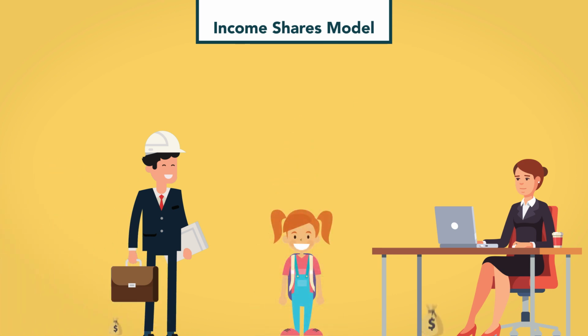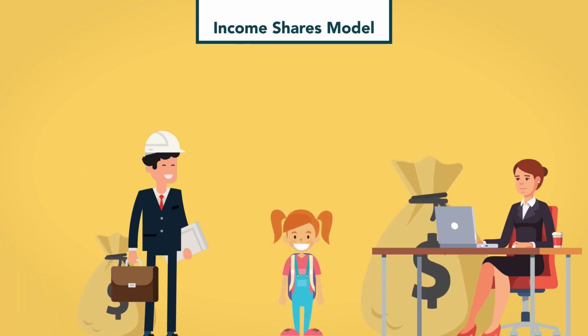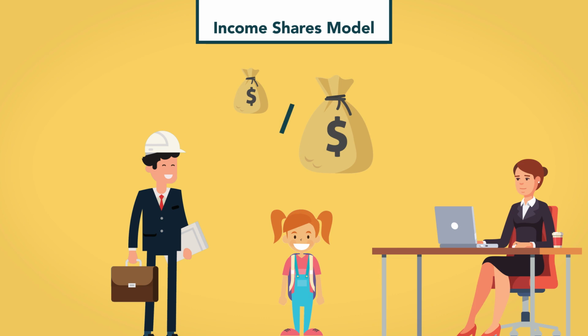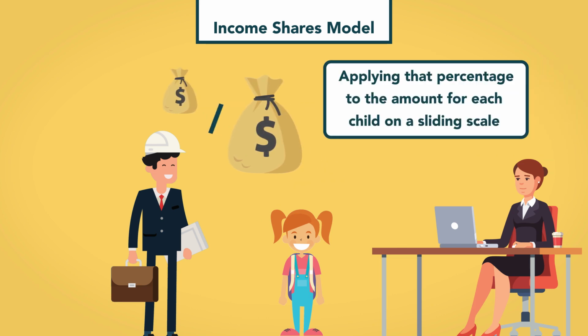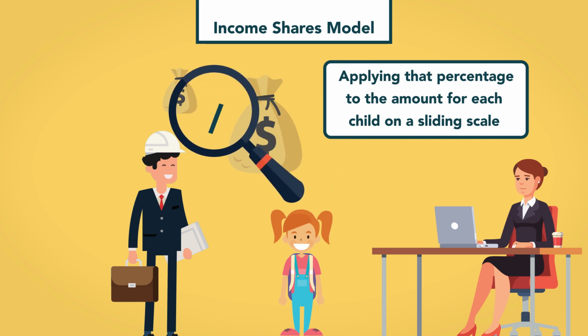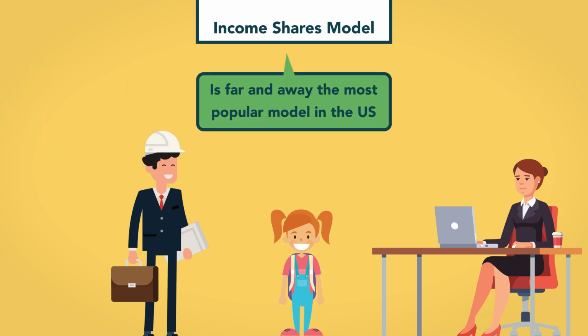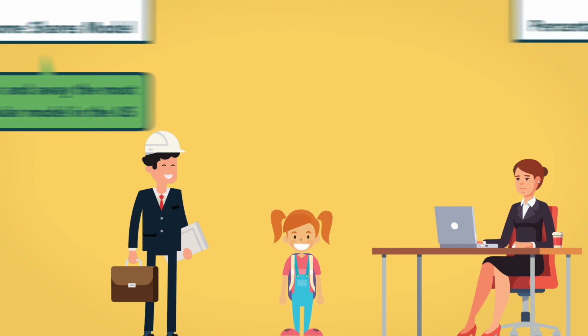This model is determined by totaling the income of the parents, creating an income ratio of each parent to the total, and then applying that percentage to the amount for each child on a sliding scale. We will go over this in detail and look at examples in the last module of this course. The income shares model is far and away the most popular model in the U.S.